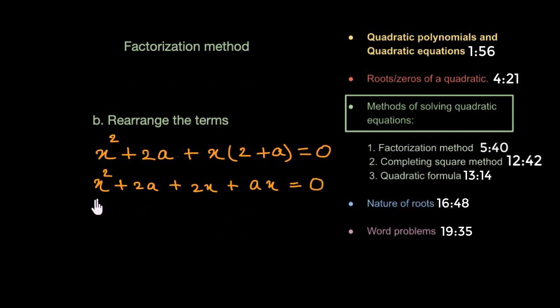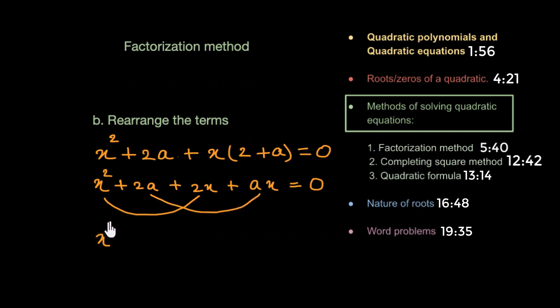Now, we can say that from the first two terms, there is no common factor that we can pull out. In the last two terms, we had x as the common factor, but that would not lead us to factorizing this given polynomial. So what we can do, let's do one thing. Let's try to combine first term and the third term and pull out any common factor. And similarly, let's try to combine second term with the fourth term and try to pull out any common factor.